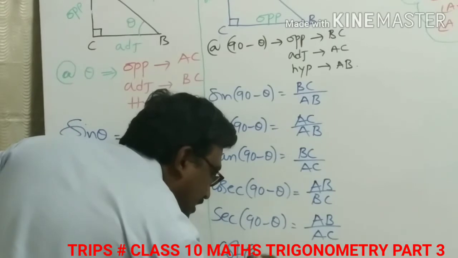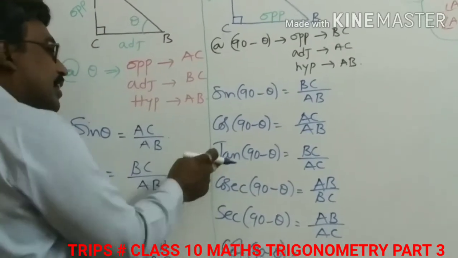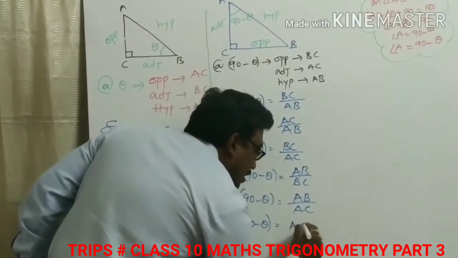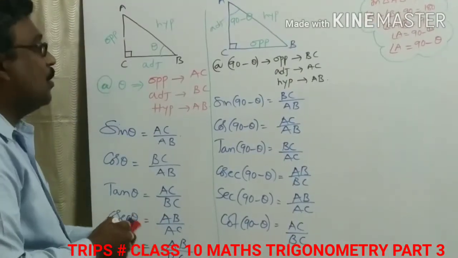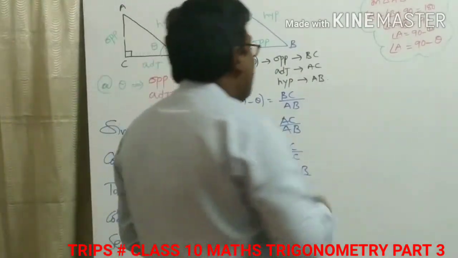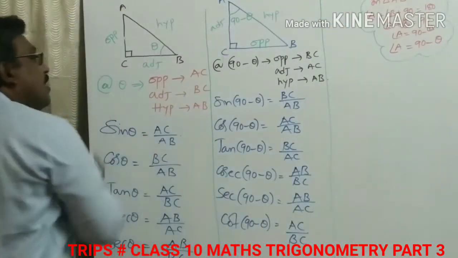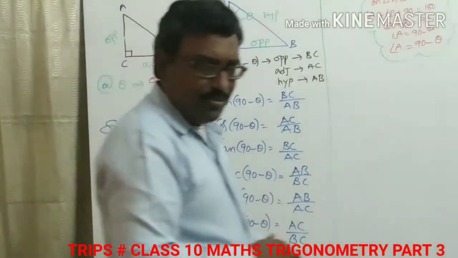Cot 90 minus theta is the reciprocal of tan, or adjacent by opposite, AC by BC. Now, we have the ratios of theta and the ratios of 90 minus theta.